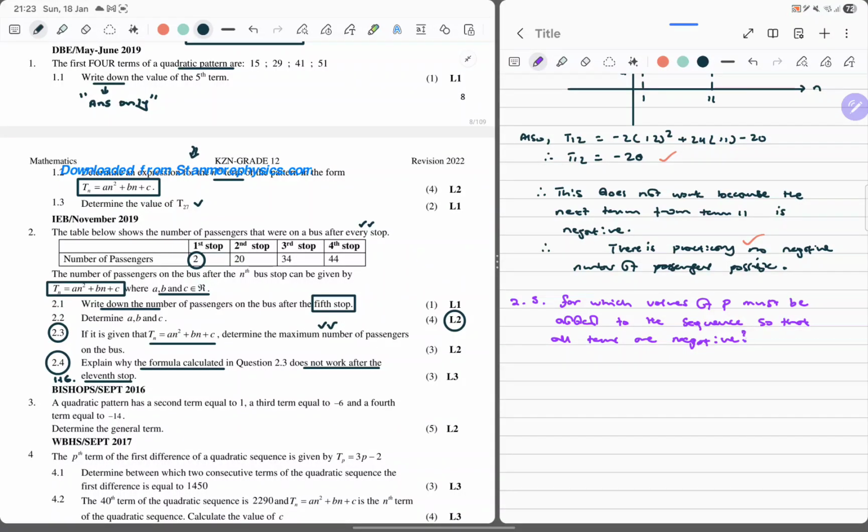So for which values of small letter p must be added to the sequence so that all terms are negative?